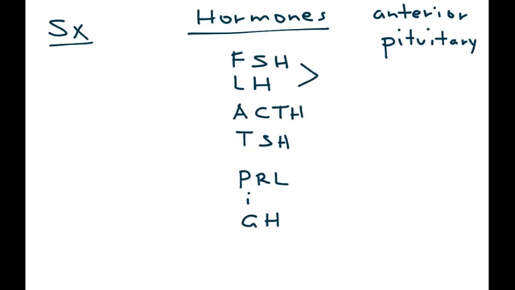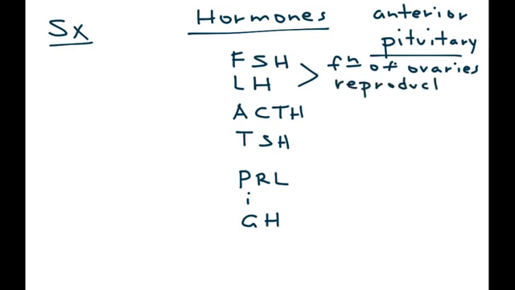So FSH and LH, among many things, is involved in the function of the ovaries and reproduction. ACTH does many things. It stimulates the adrenal gland to produce its own hormones that do many things in the body, like regulate blood pressure.